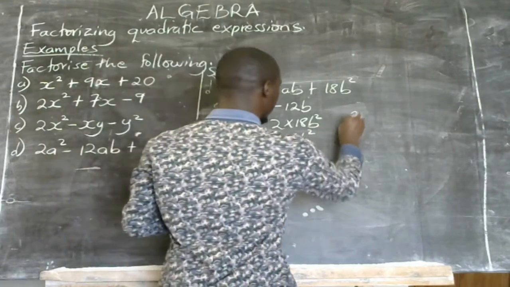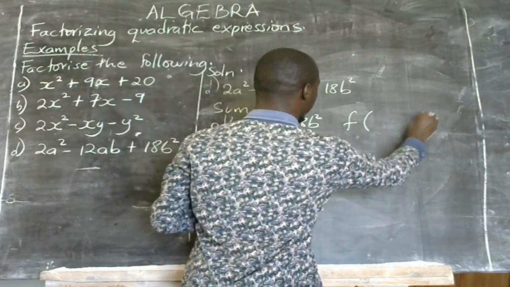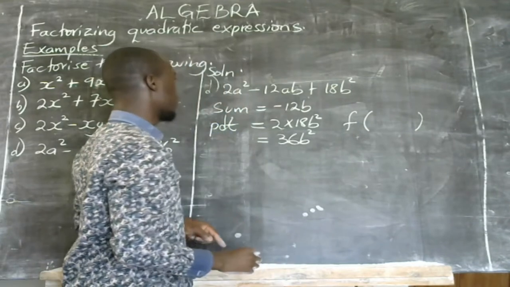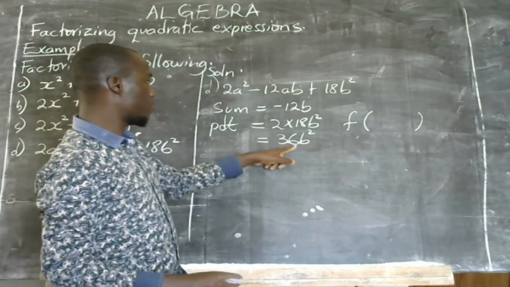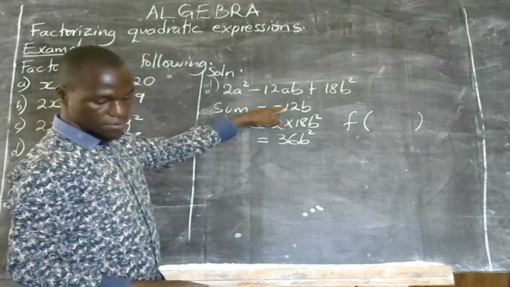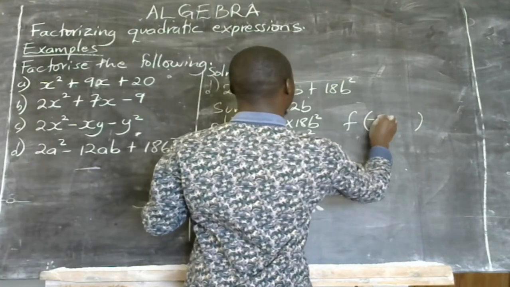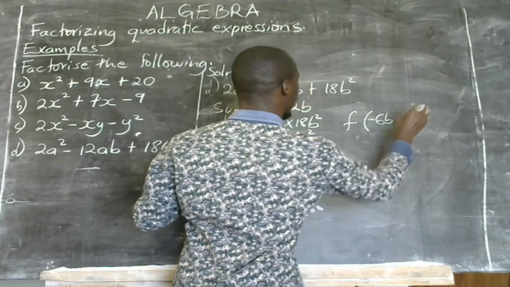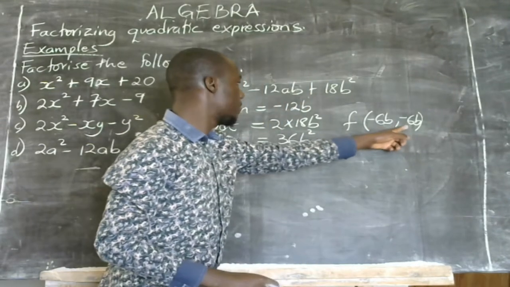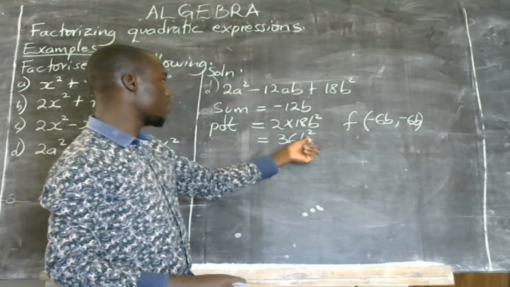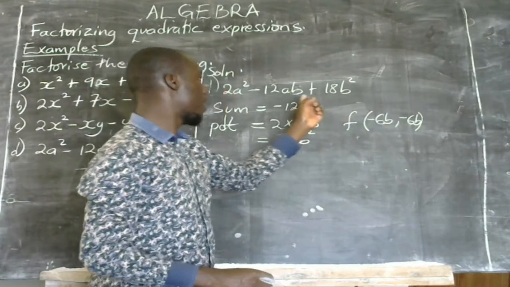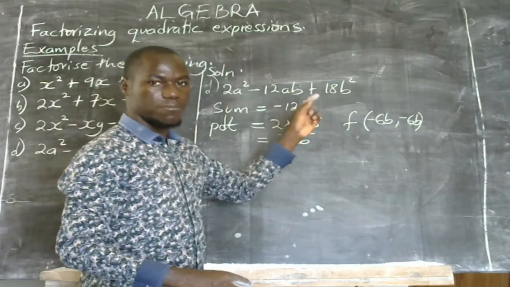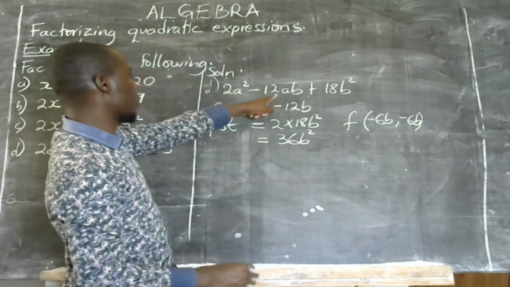So I need to get 2 factors that can give me this product and that sum there. So minus 6b and minus 6b, when I multiply them, I'm having 36b squared. When I add them, I'm having negative 12b.